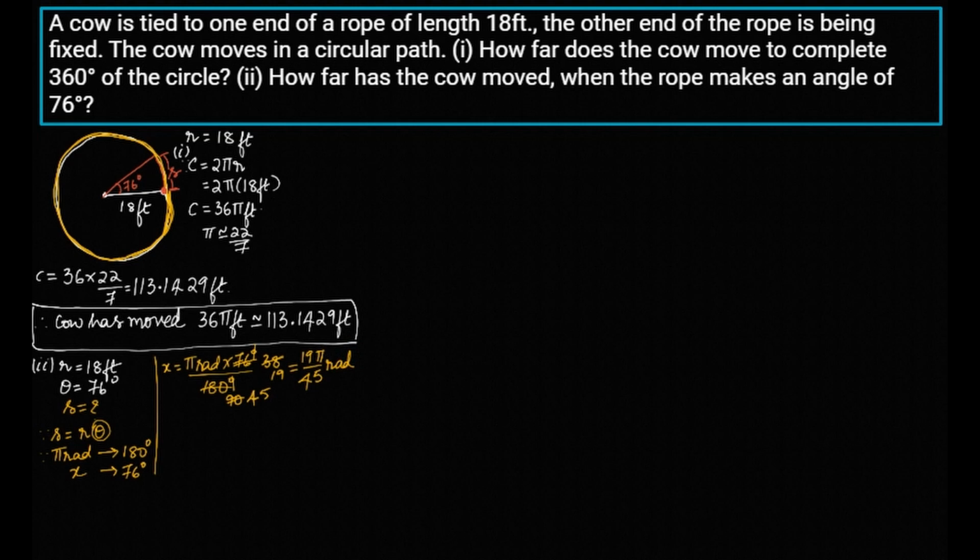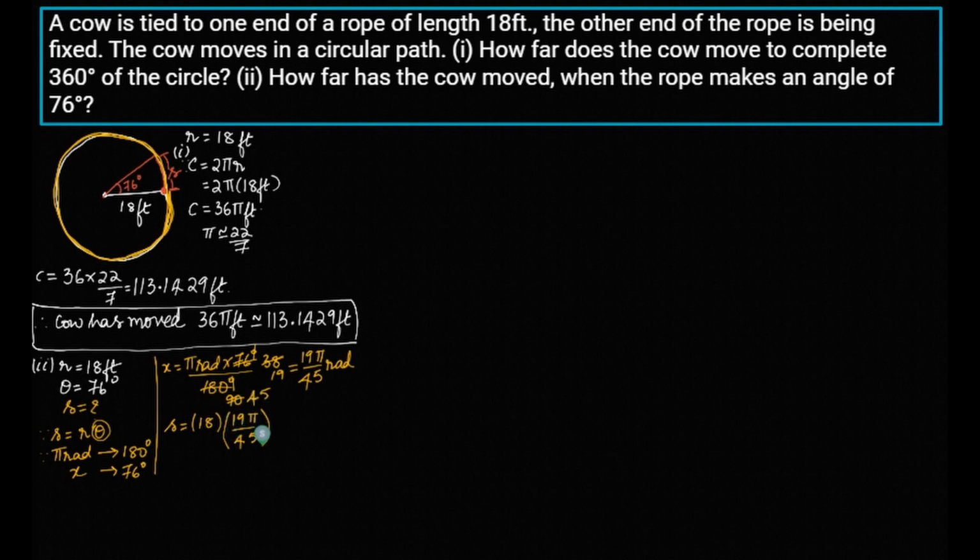Next, let us substitute the values of radius and theta to find the length of the arc, that is the path traveled by the cow, to make the angle 76 degrees. So S is equal to 18 feet into 19 pi by 45.